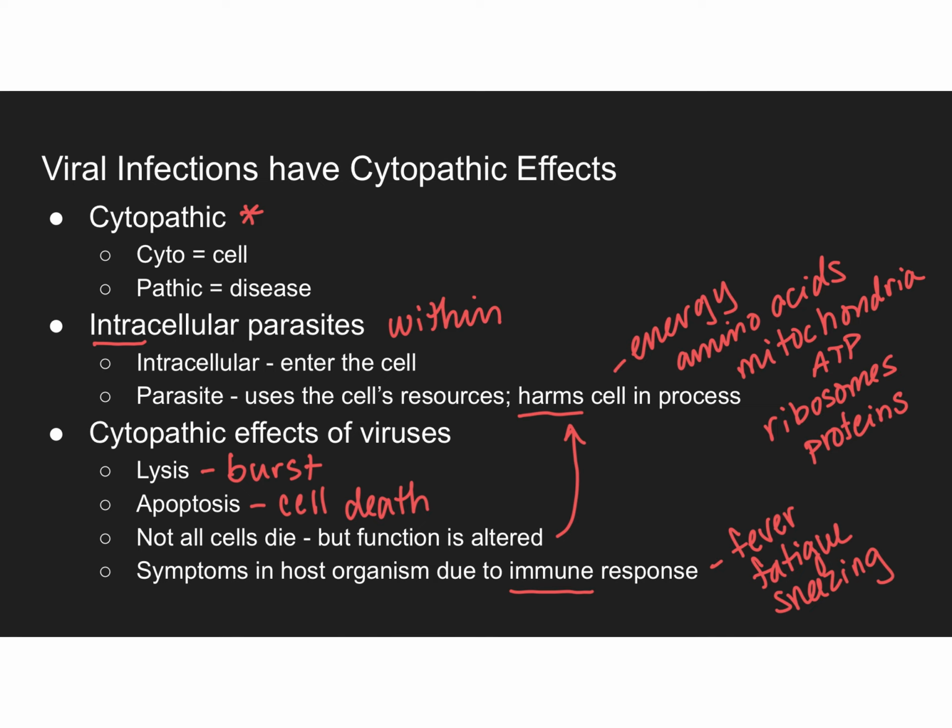So by inducing a fever, it's trying to make the environment less conducive for a virus to survive and reproduce. The fatigue comes from the energy that your body is using in order to make immune cells and antibodies to fight off this virus. Things like sneezing and coughing or even diarrhea are ways that your body is trying to get the virus out of your body in order to get rid of it.